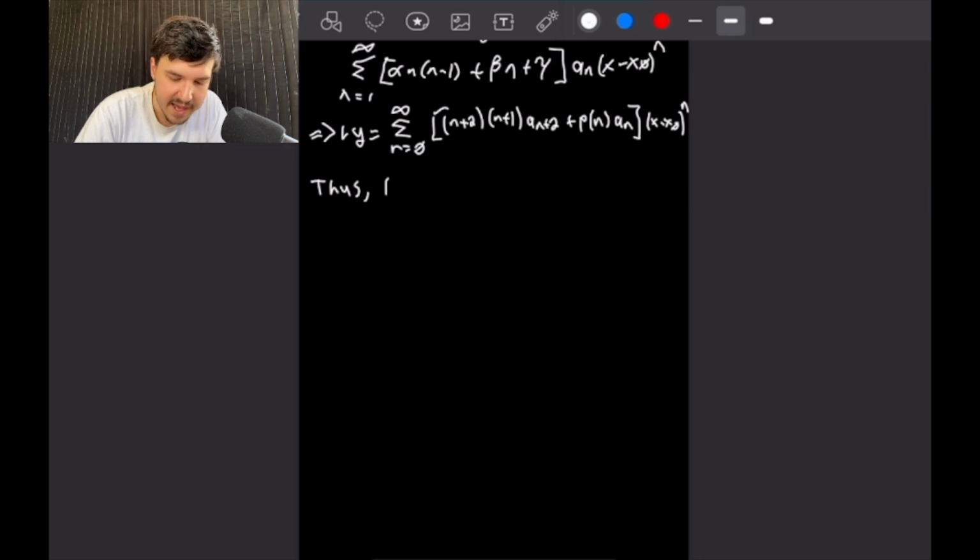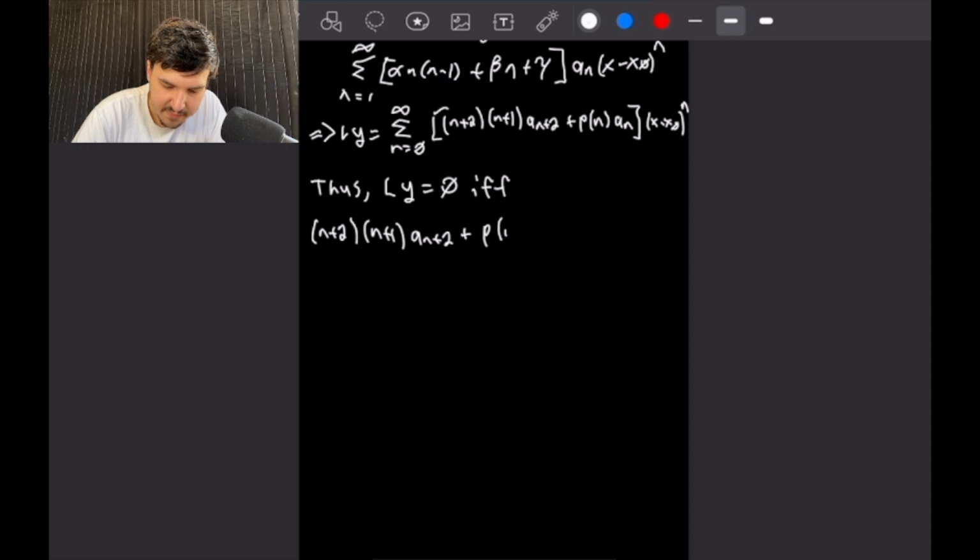So thus we have that L times y is equal to 0 if and only if the following is true. We have that n plus 2 times n plus 1 times a sub n plus 2 plus p of n times a sub n is equal to 0. And this will be for n greater than or equal to 0.